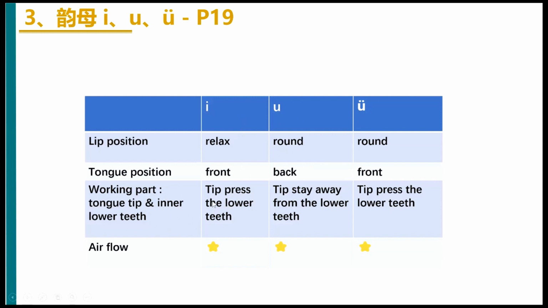I, your tongue tip presses the lower teeth. U, the tip stays away from the lower teeth, and yu, the tip presses the lower teeth. The airflow of the three is almost the same. Not strong, not weak, just normal airflow.